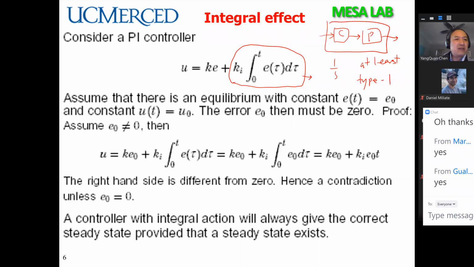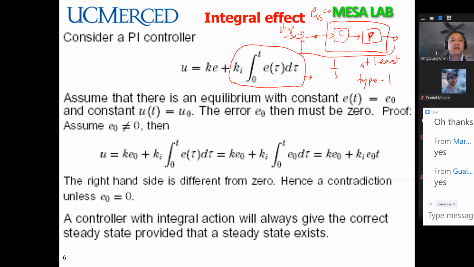Could be type 2 if you have another integrator in here. So at least type 1. That means if you have a reference that is a step, and you do the feedback in here, then the error steady state will be 0, for a type 1 system with step input reference.